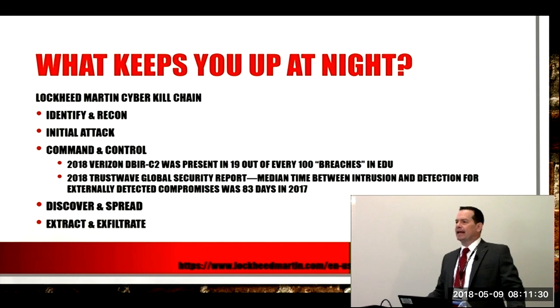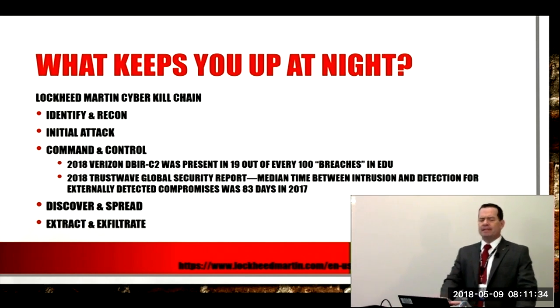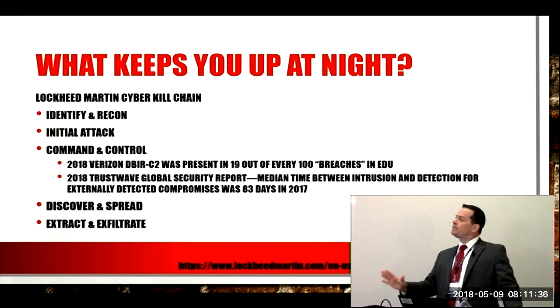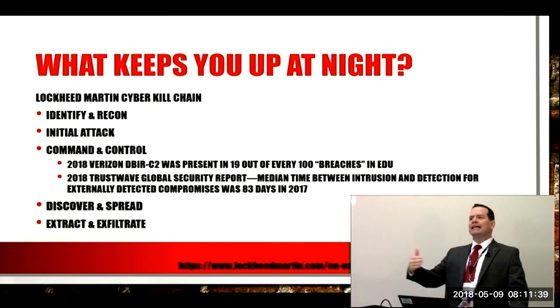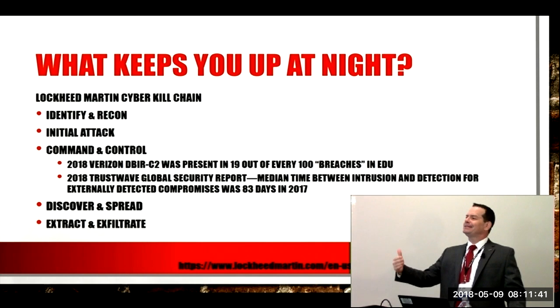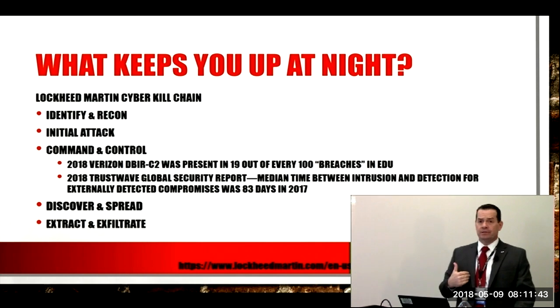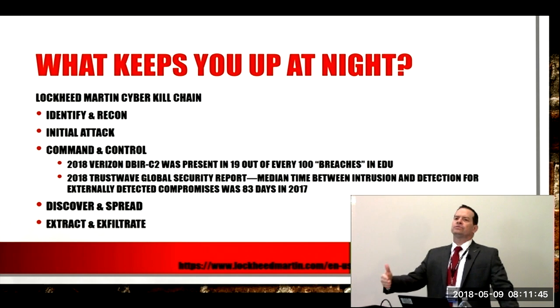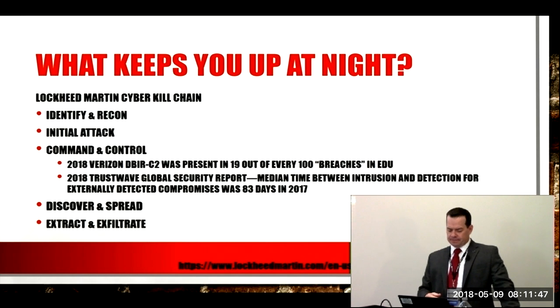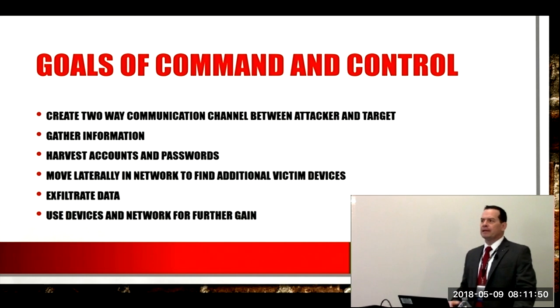You might want to check that out. Okay, keeps me up at night. Okay, and again, that may be different for you. You need to think about what keeps you up at night. And then again, think about how can I test the skills, my team's skills, to try to remediate that type of situation. All right, so for me, it's command and control.